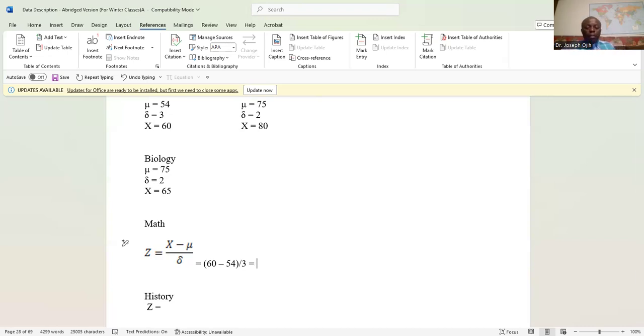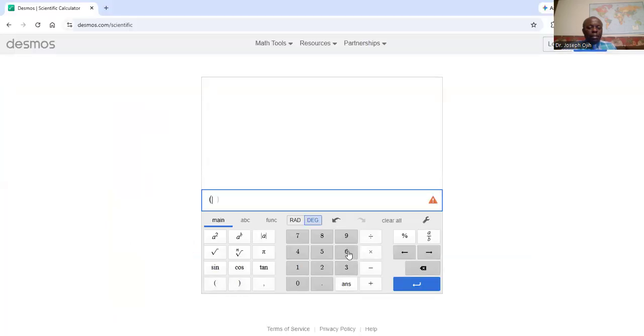Okay, let's do it. 60 minus 54, divided by 3. The number of standard deviations is 2.0. So I'm going to go over there and write 2.0.